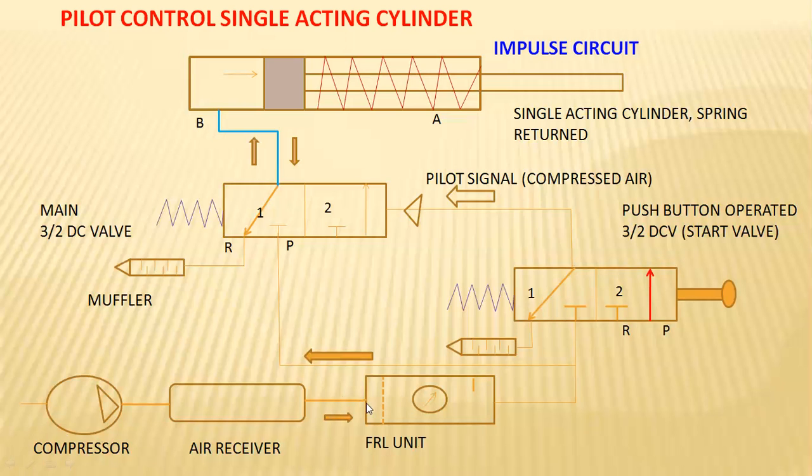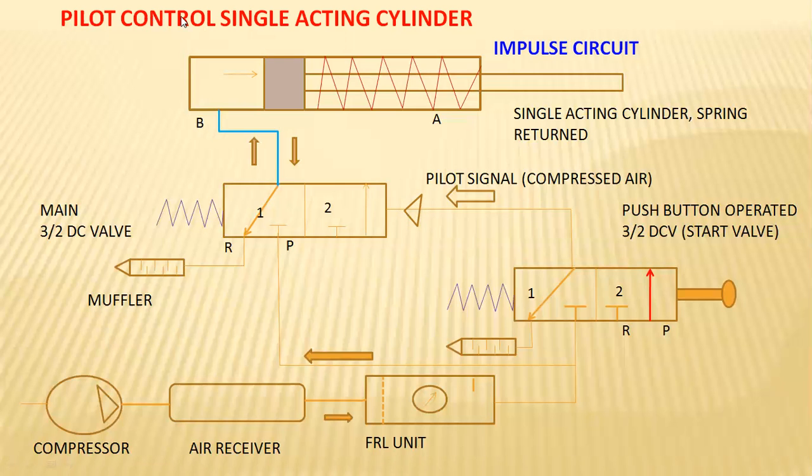So the pressurized air entering from the FRL unit goes to the DCV, from the main DCV to the conditional DCV, which is similarly operated here. When the push button of the start valve is pressed, only then will the compressed air enter the main DCV, and this is also the pneumatic system.